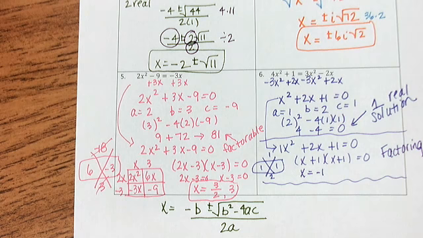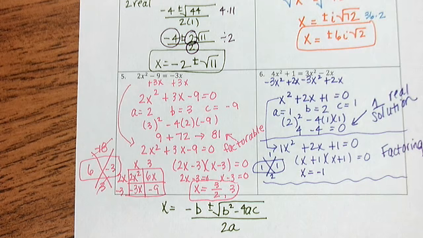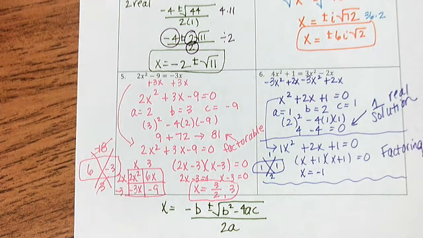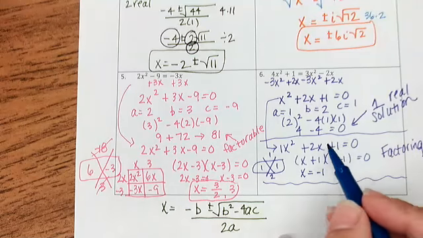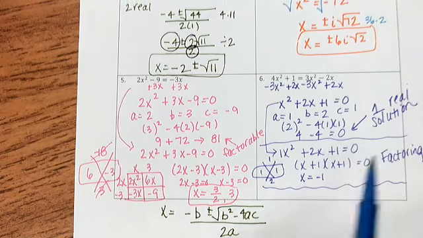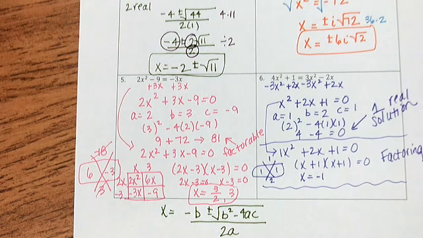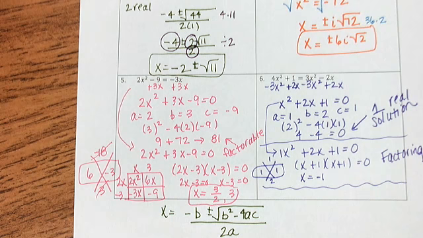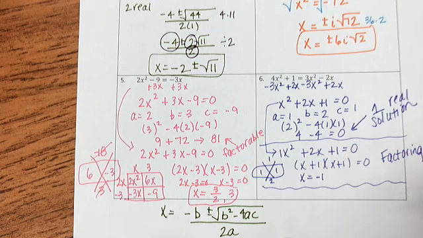Do the problem again, and this time I will do it by quadratic formula. So the quadratic formula, I already did the discriminant, it's 0. So this is going to be the opposite of b.